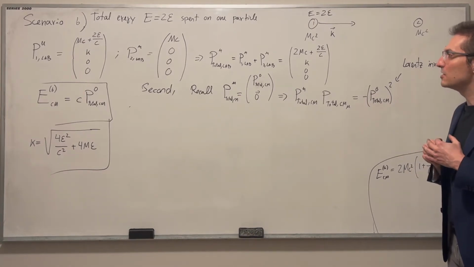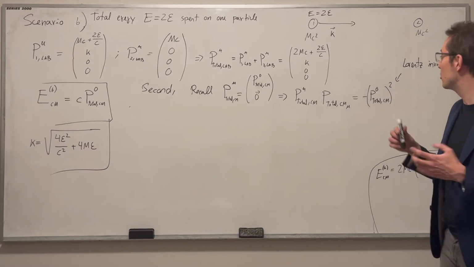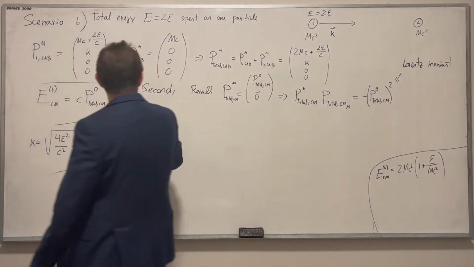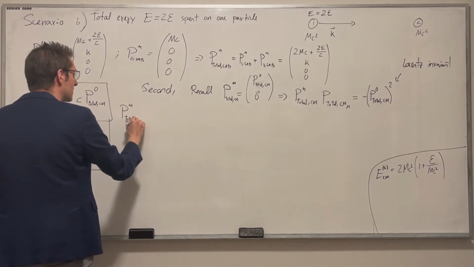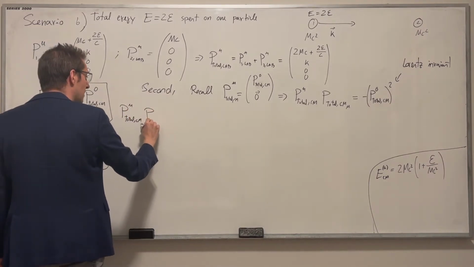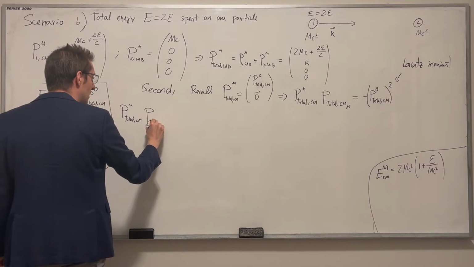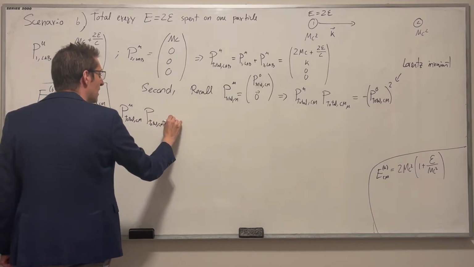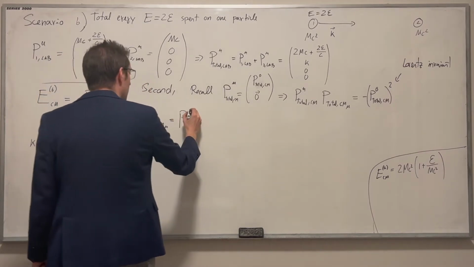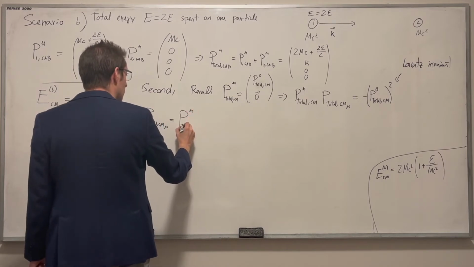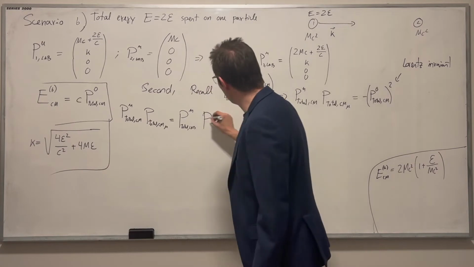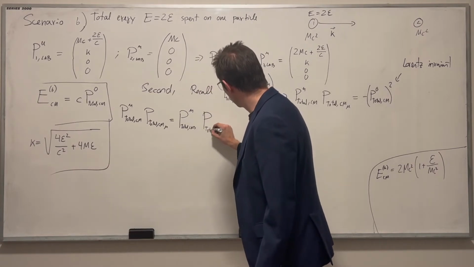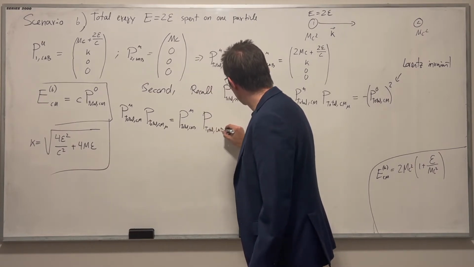Well, if it's the same in all frames, we can choose one frame to compute it, and the frame in which we choose to compute it is the lab frame. So P^μ total in the center of mass, contracted with P_μ total in the center of mass, is the same as P^μ total lab contracted with P total lab sub μ.